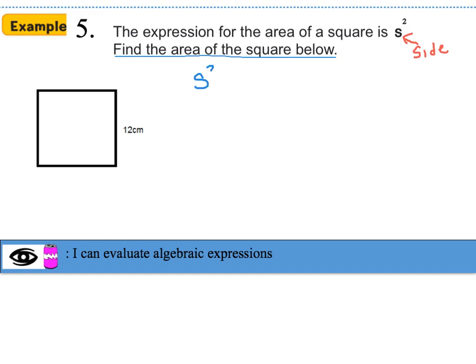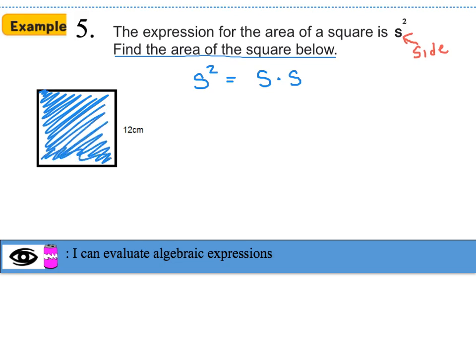S to the second power is written in exponential form. I can expand that out or write it in factor form by writing s times s, and I can solve my problem from there. Remember, the area means the space inside of the shape. So everything that I'm coloring right now is the area of the square.